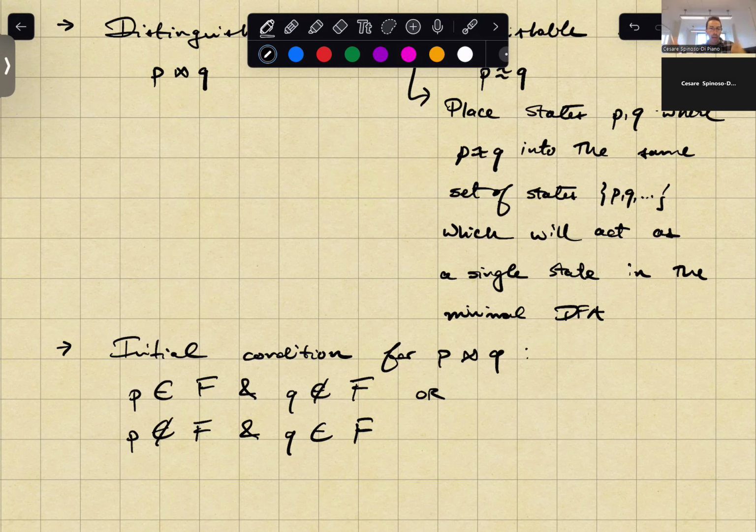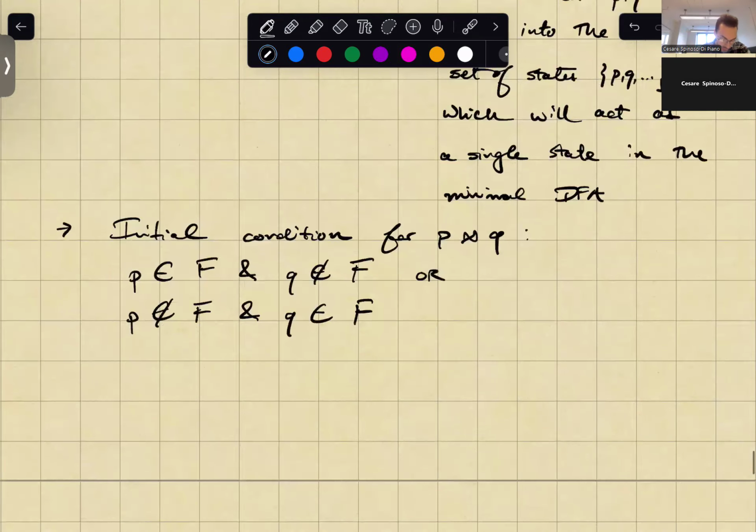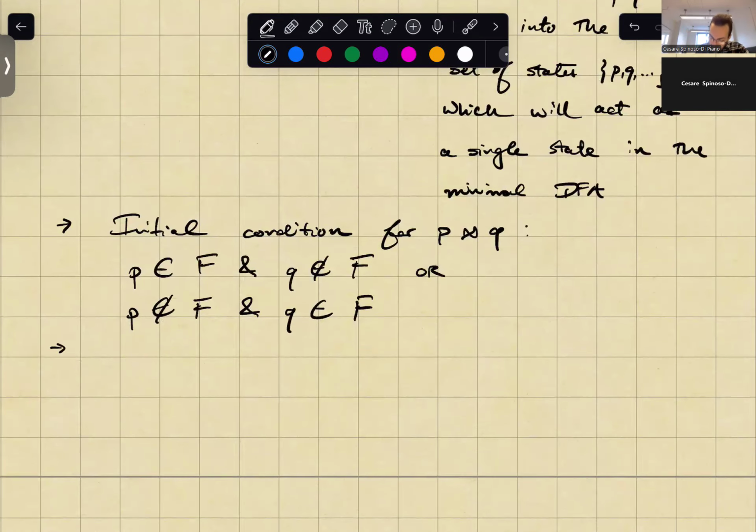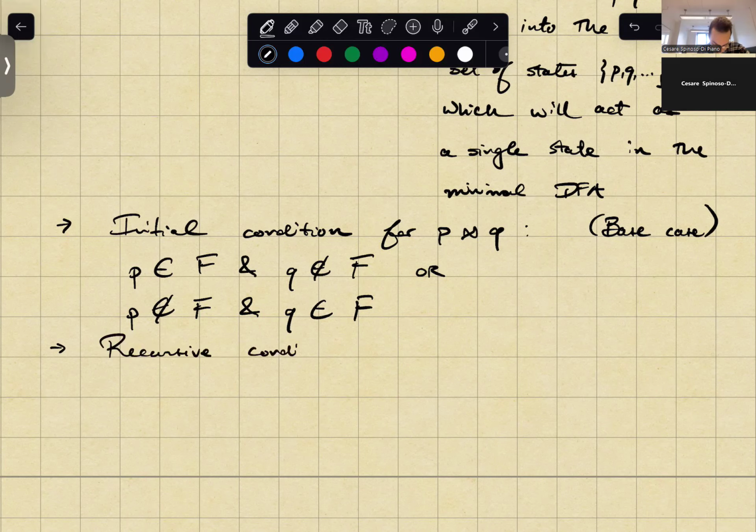And now once you do that, you can recursively find more and more states which should be distinguishable from each other. So this is your base case in your minimization algorithm. The recursive condition: what if both states in the pair are accept states or both are non-accept states?